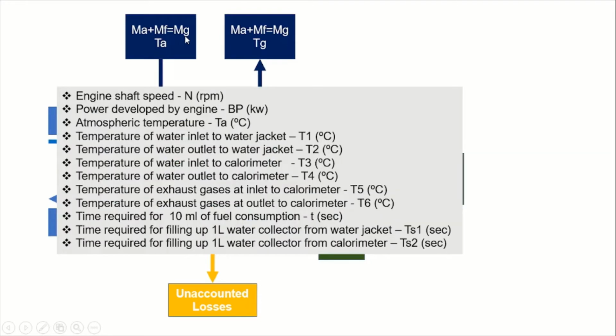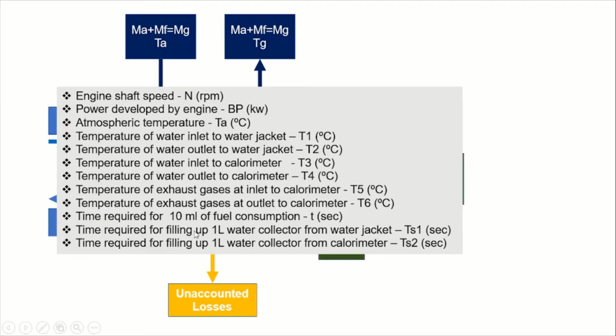For the practical, we are required to observe the engine shaft speed in RPM, power developed by the engine in kilowatts, atmospheric temperature in degrees Celsius, temperature of water inlet to the water jacket T1, temperature of water outlet from the water jacket T2, temperature of water inlet to the calorimeter T3, temperature of water outlet from the calorimeter T4, temperature of exhaust gases at inlet to the calorimeter T5, temperature of exhaust gases at outlet from the calorimeter T6, and the time required for 10 ml of fuel consumption.